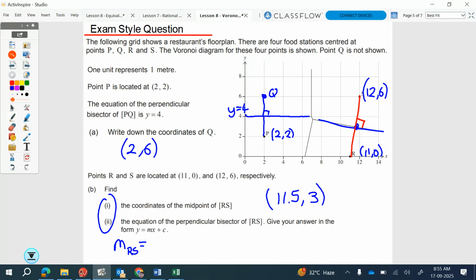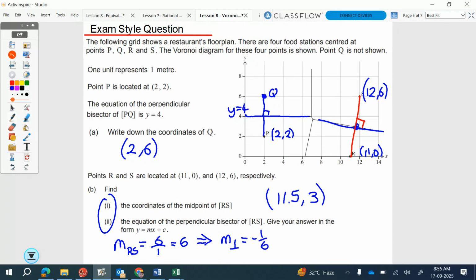What is the change in y values here? Plus. We've gone up by 6. How much did the x values change? 1. So the gradient here is 6. This implies that the gradient that we want for the perpendicular is negative 1 over 6.